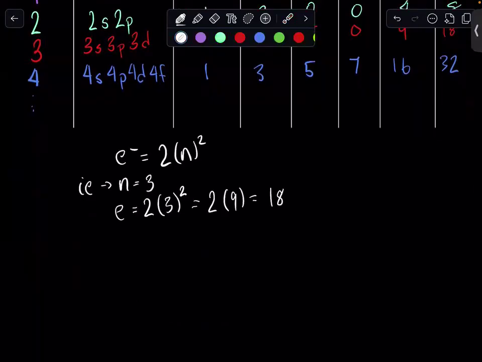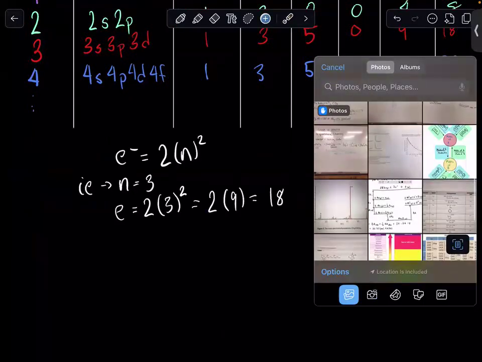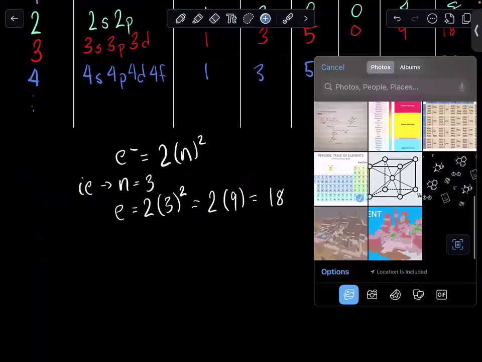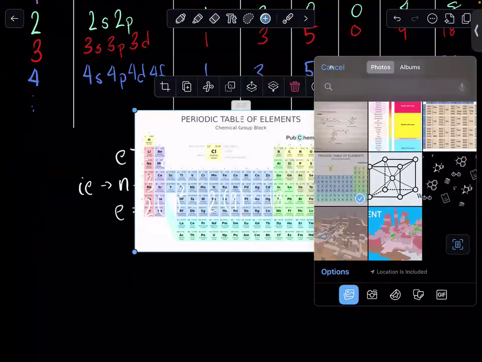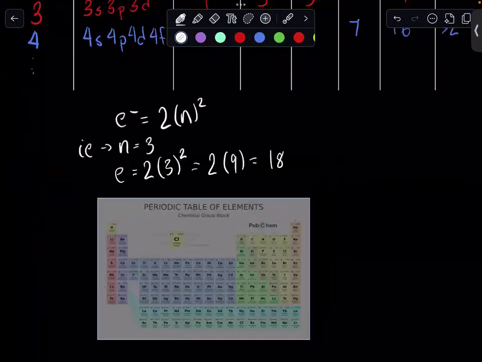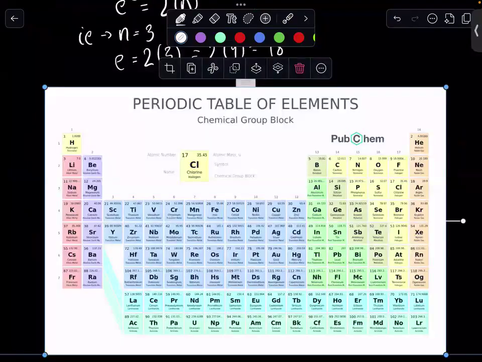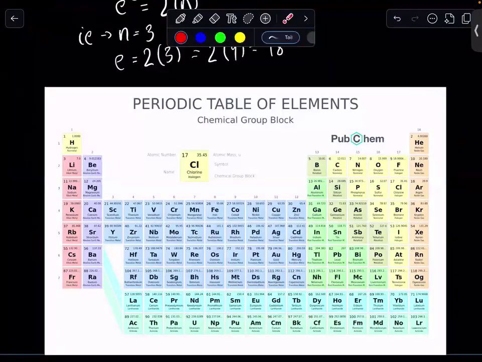One last little thing I want to leave you all with is if we take a look at the periodic table, which I'm sure I've got an image of somewhere here. Cancel. If we take a look at the periodic table, we can actually look at our periods. 1, 2, 3, 4, 5, 6, 7.